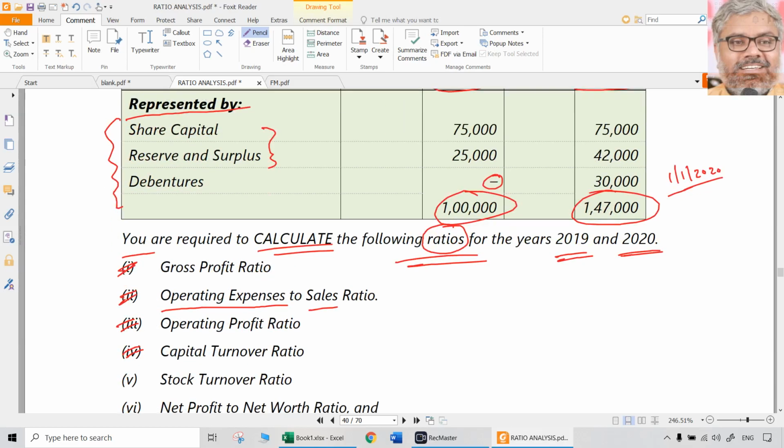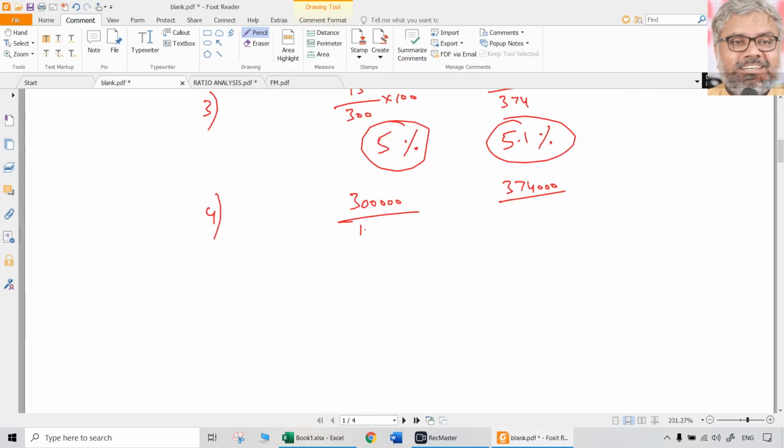But it is also possible to calculate it by taking shareholders' funds plus non-current liabilities. Either way, what you get is the same capital employed, including the debt. Capital employed includes the outside debt, that is long-term borrowings, in this case debentures. So 1,00,000 and 1,47,000 will be the denominator.